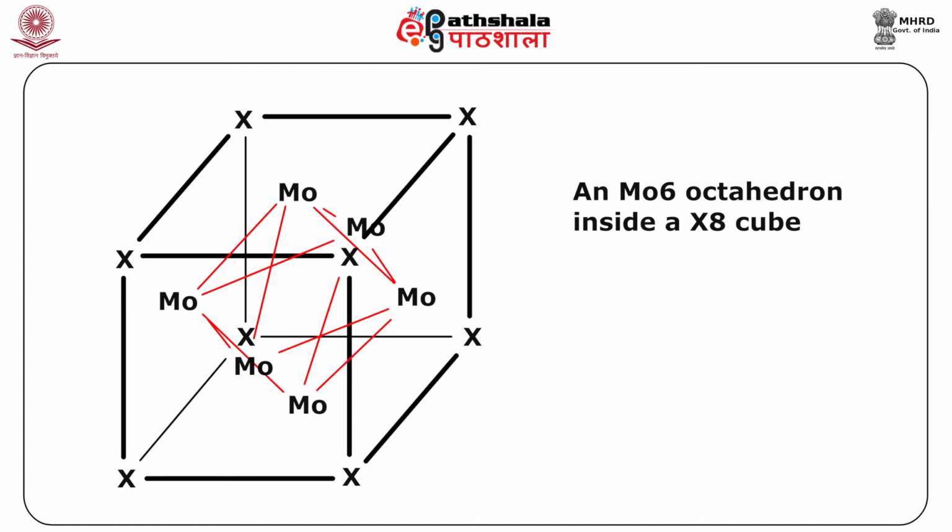The molybdenum distance is in the range of 2.67 to 2.78 angstrom. Each face of the octahedron is capped by a sulfur atom forming an S8 cube around the Mo6 octahedron. Thus, there is a Mo6 octahedron within an S8 cube, as you can see here.